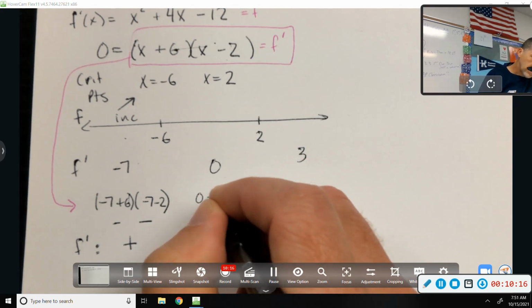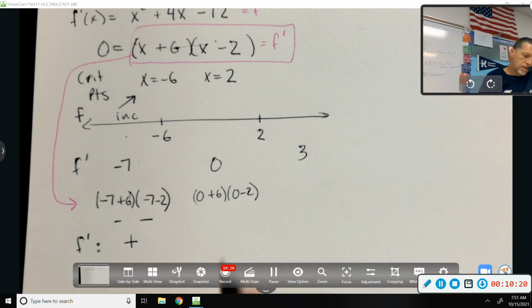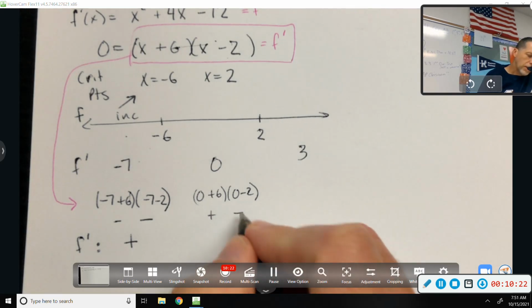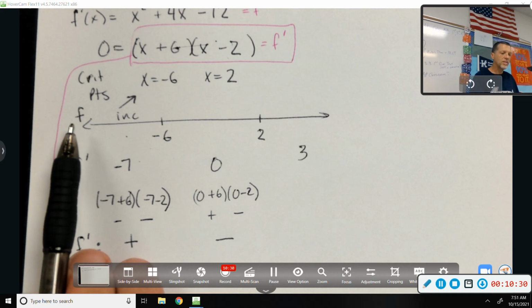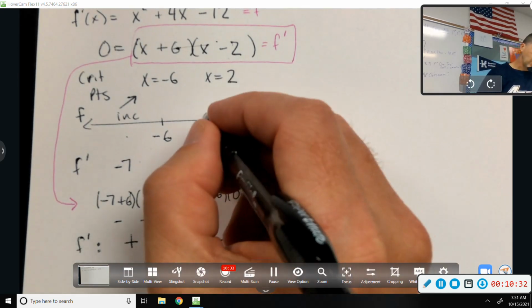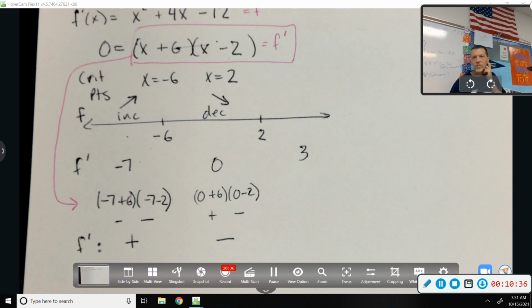So 0 plus 6 times 0 minus 2 is positive times negative, which is negative. If f prime is negative, what does that tell me about f? Decreasing. Or you could just draw a down arrow to get the general shape of the graph.